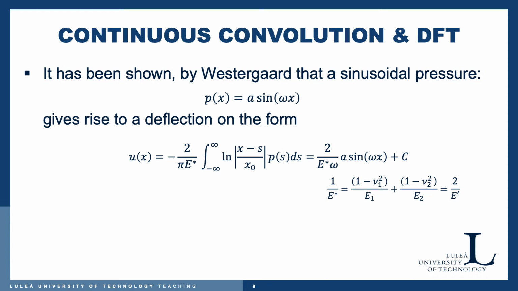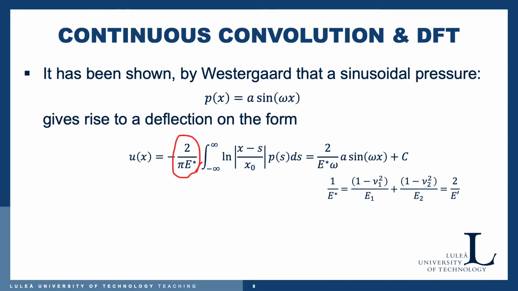So plugging in p of s equal A sin omega s into this integral equation, which is quite similar to a continuous convolution, which we will see later on, then he obtained a closed form result.